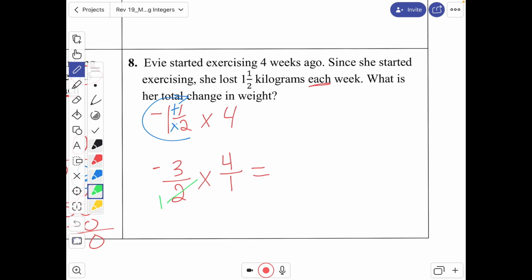Yes, the 2 and the 4. 2 divided by 2 makes 1, and 4 divided by 2 makes 2. Then we go straight across. Negative 3 times 2 makes negative 6. And then 1 times 1 makes 1. And negative 6 over 1 is just the same as negative 6.